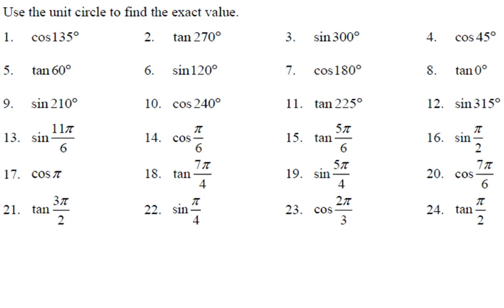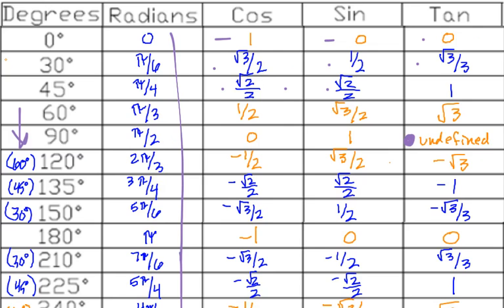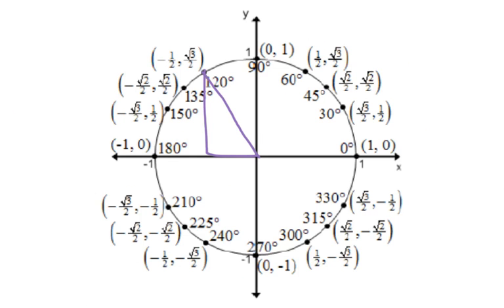It says, use the unit circle, find the exact value. Cosine of 135. If you looked at your unit circle, 135 is right here, right? That would be the angle if we went like this: that initial side, that terminal side, that would be 135 degrees. Well, what kind of angle is it? It's a 45, 45.